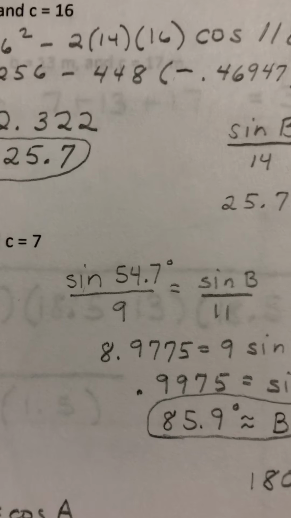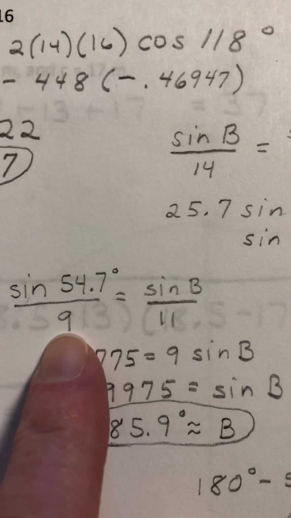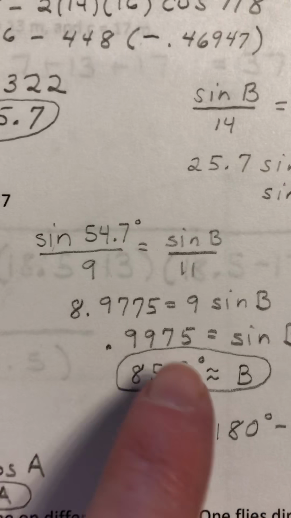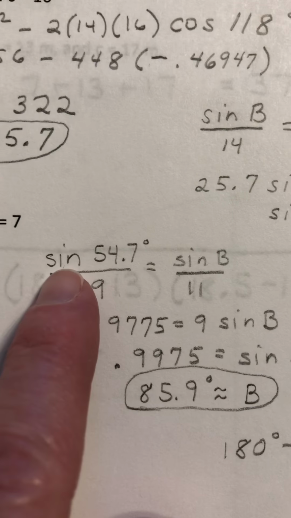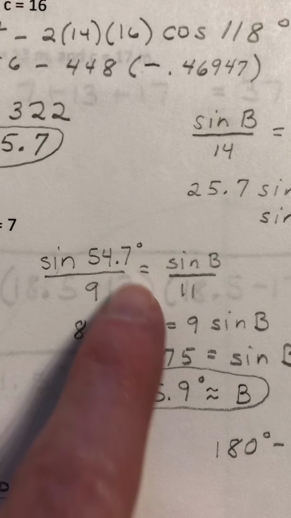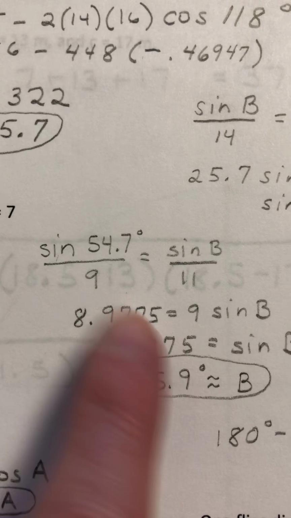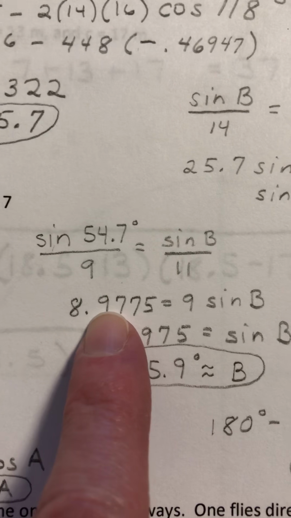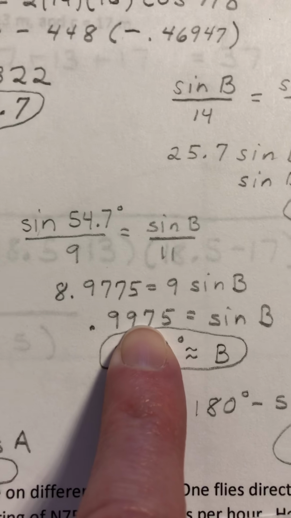So I'm going to use the sine of angle A over side a equals the sine of B over side b, cross multiply, so 11 times the sine of 54.7 degrees is 8.9775 equals 9 times the sine of B. Divide the 8.9775 by 9, and that's how I get this.